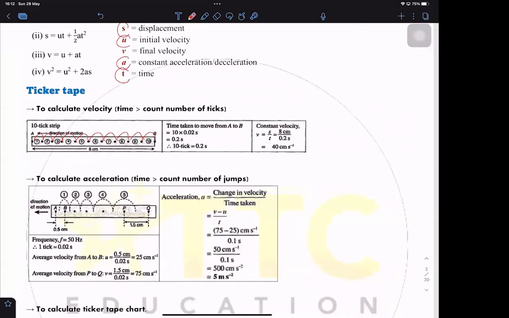That's 10 ticks, right? Now, each jump is usually 0.02 seconds. Usually lah. If they never mention anything, you assume it is 0.02 seconds. So 10 times 0.02, the total time taken is 0.2 seconds. So you take the distance divided by 0.2, you get the velocity.